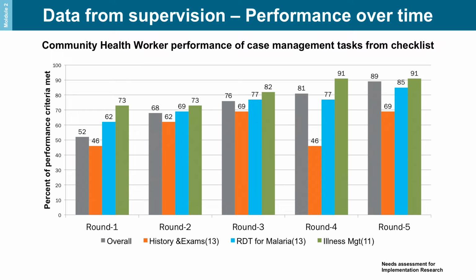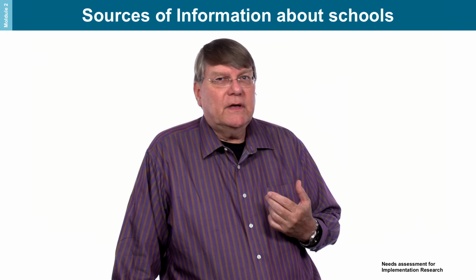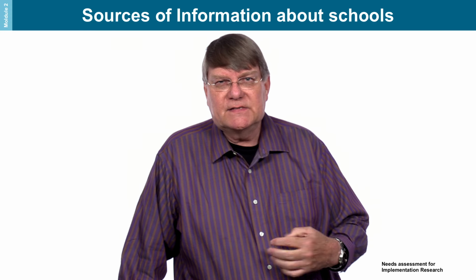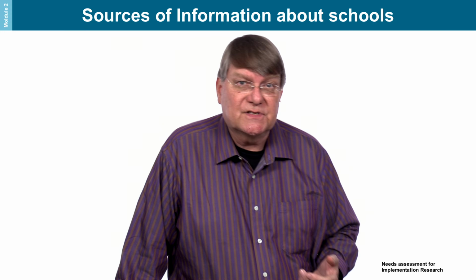And of course, we have performance information from health workers in clinics and other places. So observing health workers is an important source of information for our implementation research needs assessment. Okay, another thing we need to consider is that health has impacts on other sectors of society.